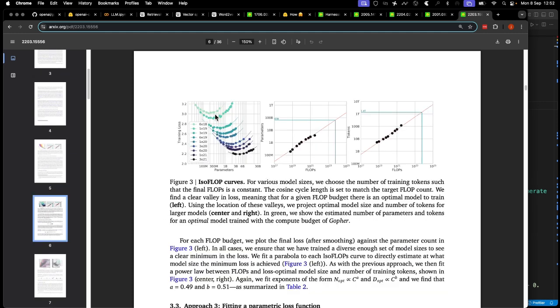It clearly shows that if you keep increasing the parameters, it could even increase the training loss, meaning you have potentially overtraining or overfitting, right? You have too much data for a small model, or if you don't find this sweet spot, then you might also end up with an undertrained model, with too little data but too many parameters.